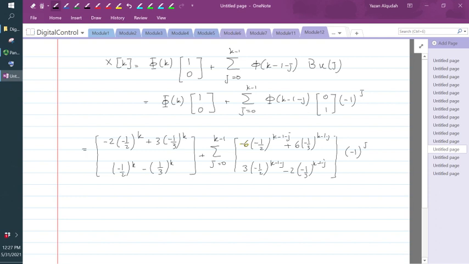Now we can simplify this answer, or we can leave it as is. This gives me the state transition matrix.